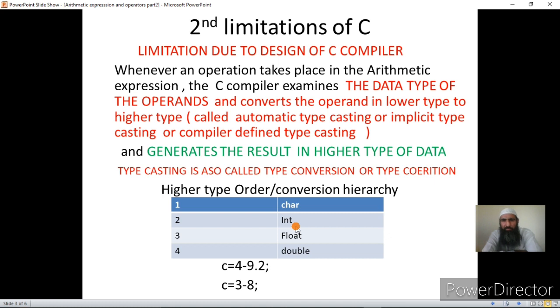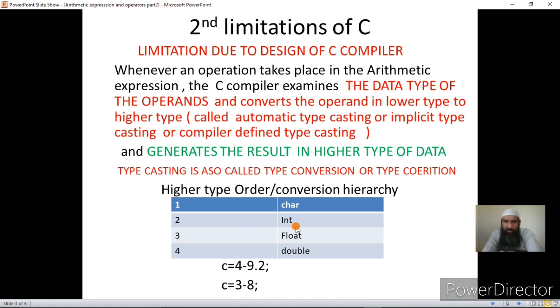Whenever the operation is performed, the C compiler will look first into the data type of those operands, and it will always convert the operand in the lower type to the higher type. I will explain this, but you first remember, whenever the C compiler has to perform the operation, it will first look into the data type of the operands.